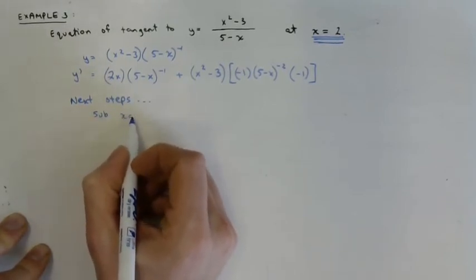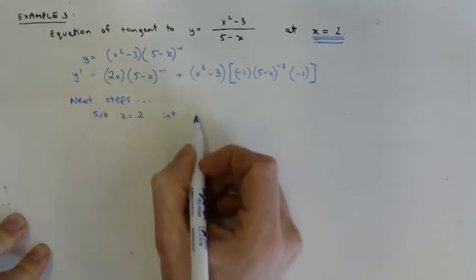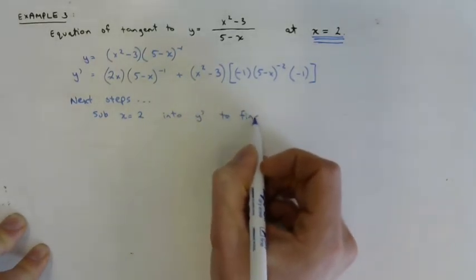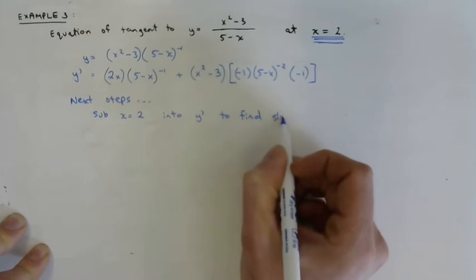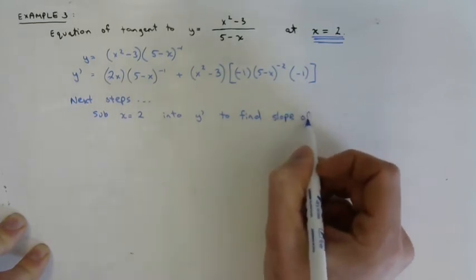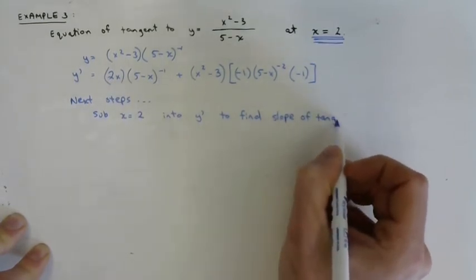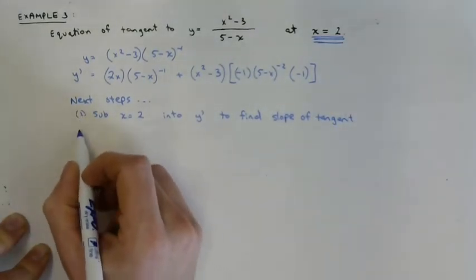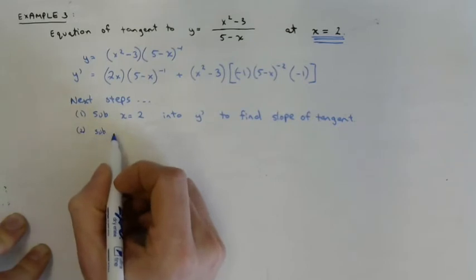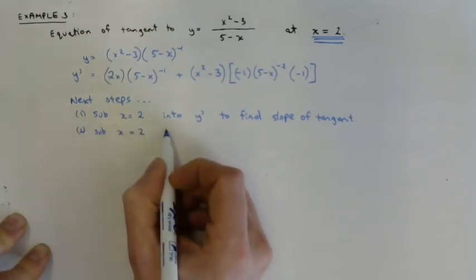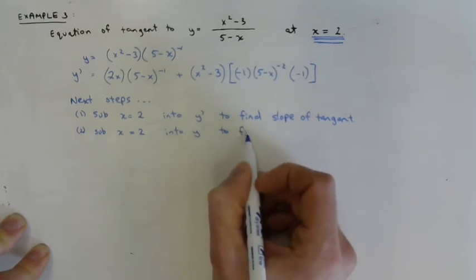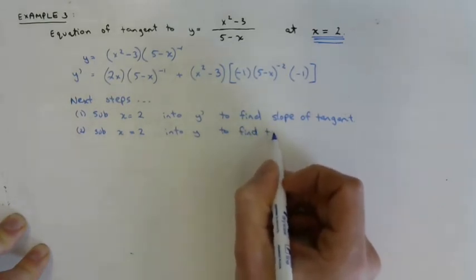Sub x equals 2 into y prime to find slope of tangent. Sub x equals 2 into y to find tangent point.